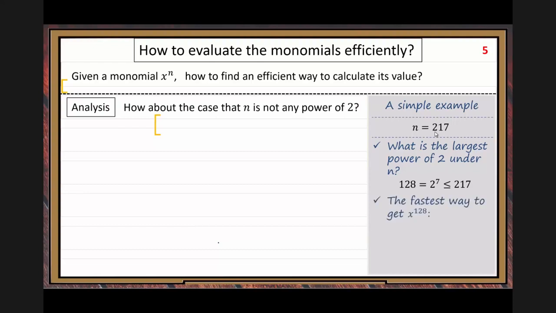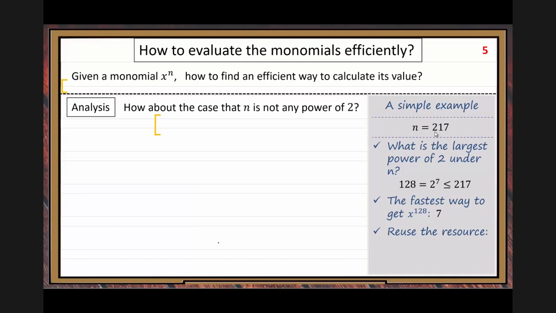So the fastest way to get x to the 128th, how many multiplications? The fastest way to get this number. 7. But we need to reuse the resource, right?